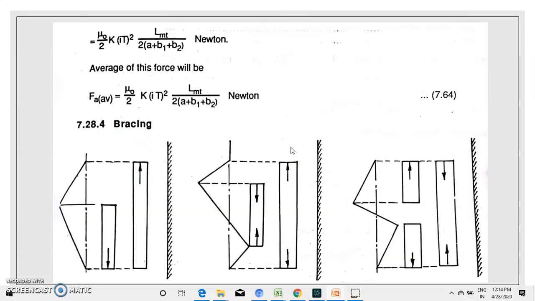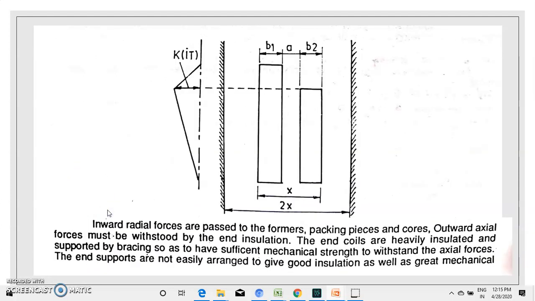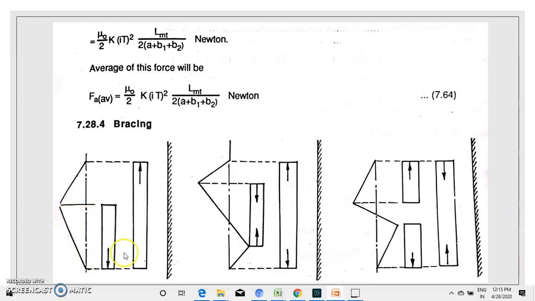Also you can observe the different cases here. Here you can observe a shortened coil and a full coil, which produce different unbalanced MMF, that is I into T. It increases because of the shortened length of the coil, and again reduces because these two act in opposition. Likewise in this case, with the interaction of the two coils' magnetic fields, the MMF increases as the additional shortened coil is here, and at the end of the shortened coil it decreases and again increases.